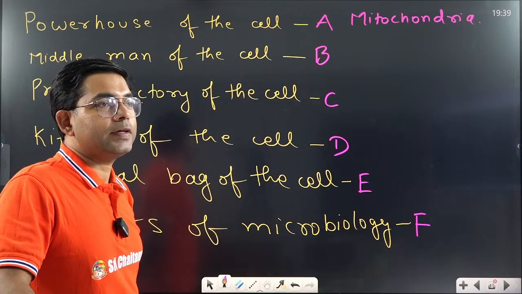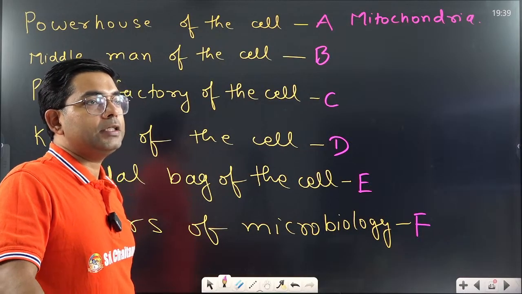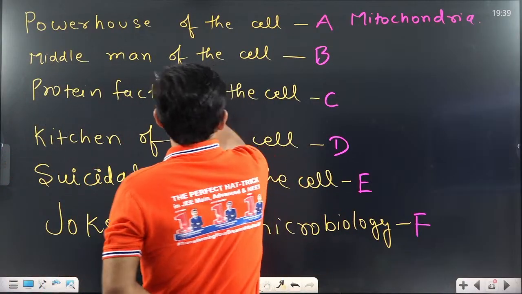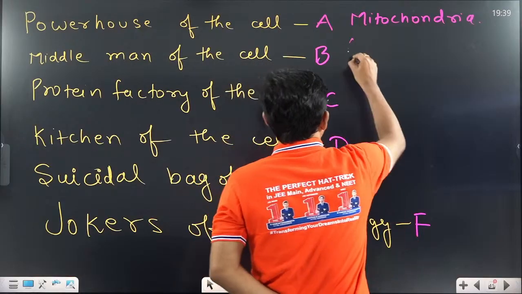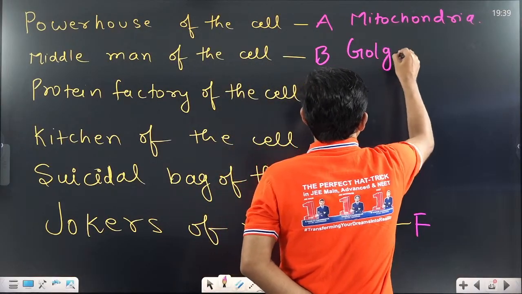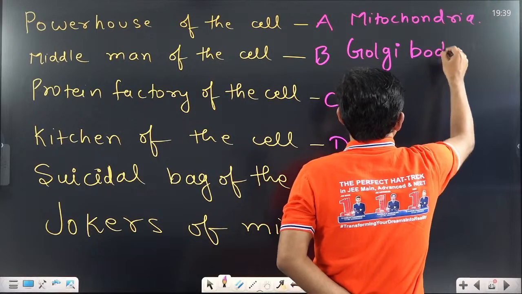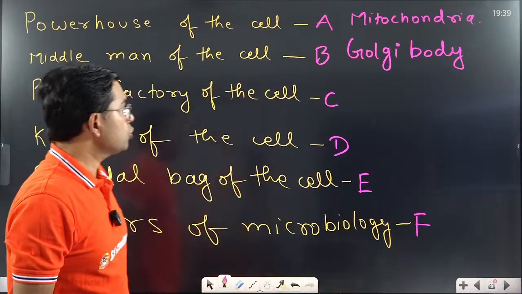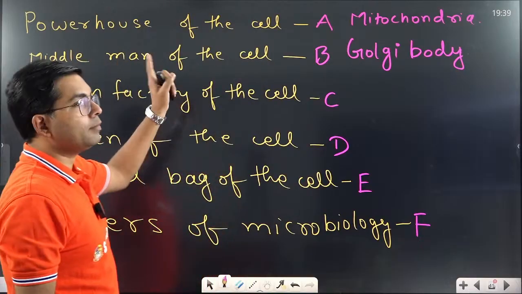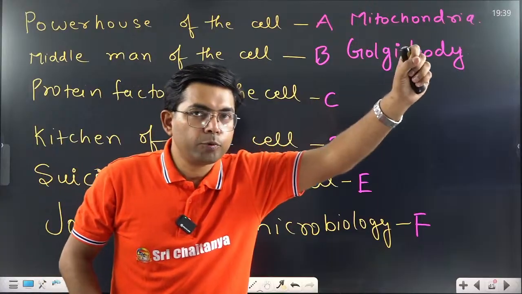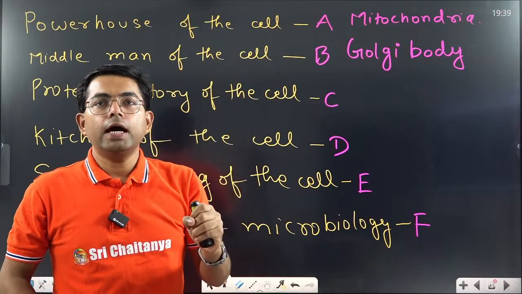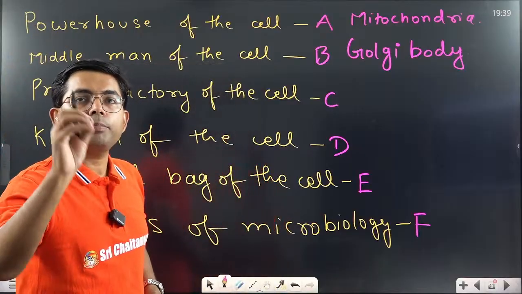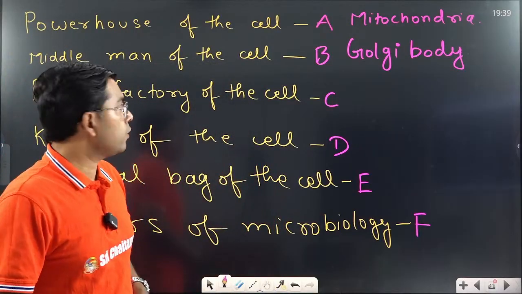So middleman of the cell, we have talked about Golgi bodies, right? Golgi body or Golgi apparatus. So Golgi body is called the middleman of the cell. Why? Because it takes protein, lipid from the ER and then it transports it inside or outside the cell. It does the packaging, so also called postman of the cell.